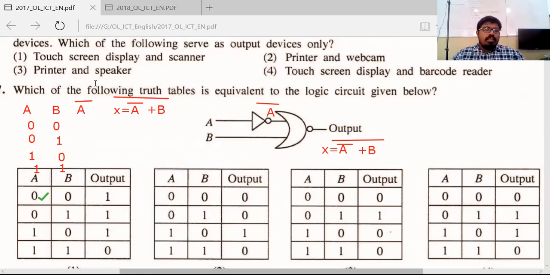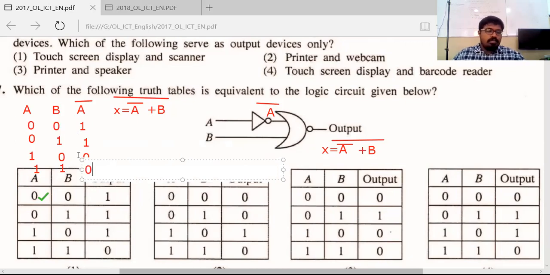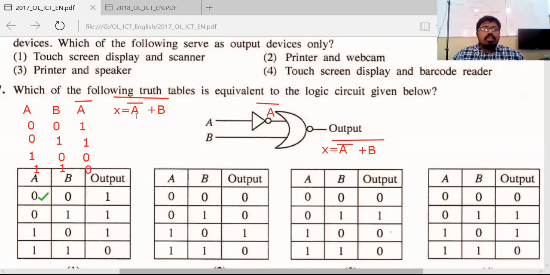A bar. So when A is equal to 0, A bar will be 1, A bar will be 1, A bar will be 0, A bar will be 0, right? That is done. Then A bar plus B holding bar, A bar plus B. So you have to find A bar plus B, these two columns, right? Here we are going to consider these two columns.